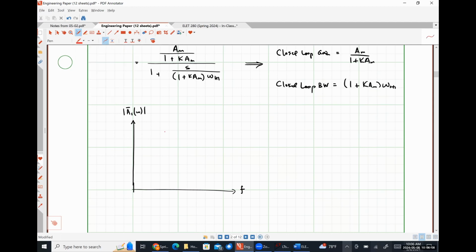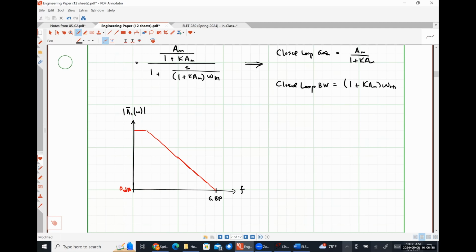This plot usually looks something like this. So it's flat at very low frequencies, and then it rolls off. And if it's a single pole op amp, it rolls off at a rate of negative 20 decibels per decade. At this point right here is 0 dB. Then this frequency right here is the gain bandwidth product. So if the gain is 1, that represents the bandwidth.